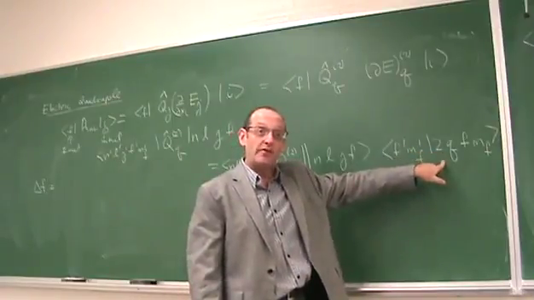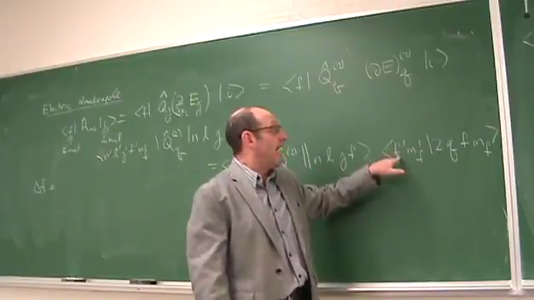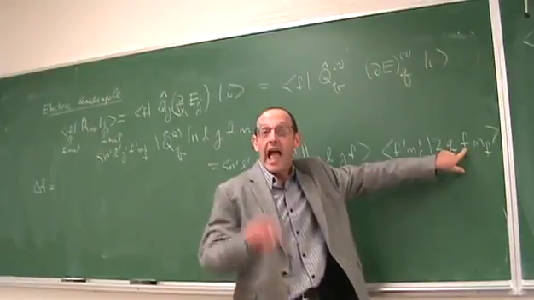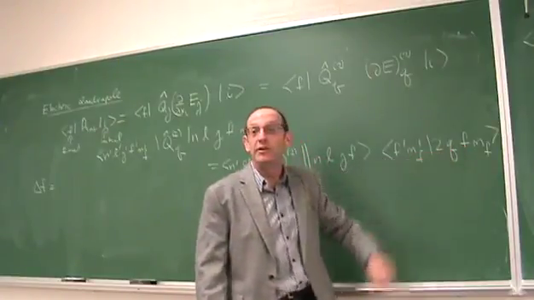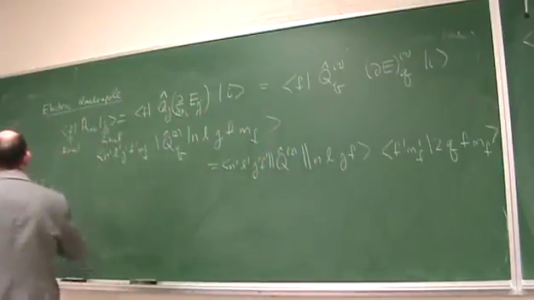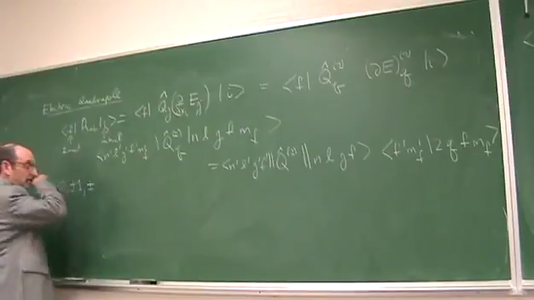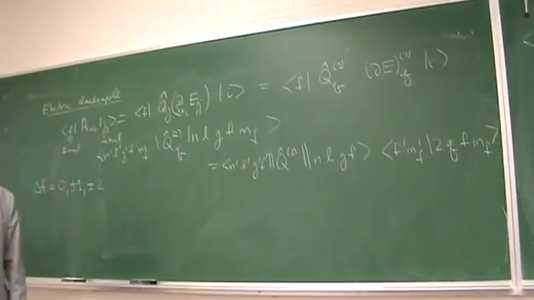And these Clebsch-Gordan coefficients will be 0 unless F prime is related to the sum of angular momenta associated with the initial angular momentum and 2, which means F can change by nothing. It can go up or down by 1, and up or down by 2. Okay.